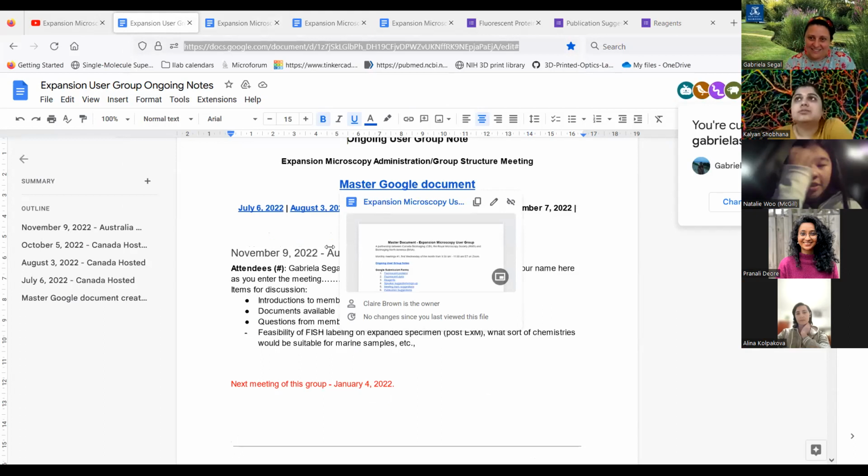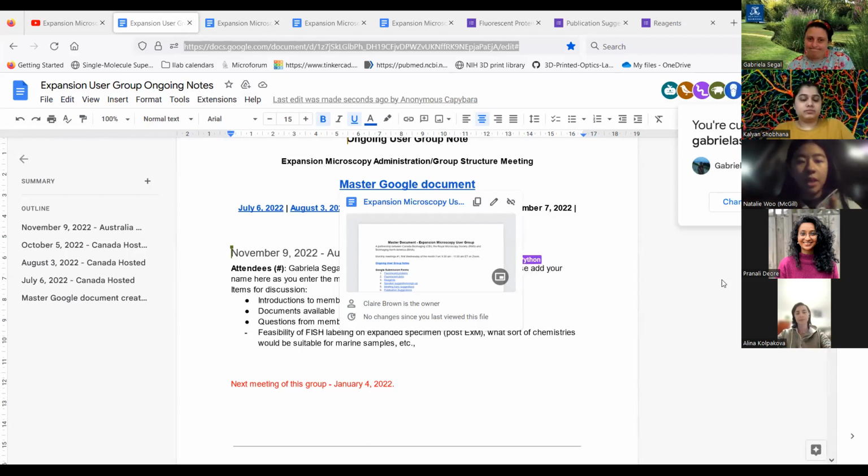So the document is sort of nested within the other document, like the master. So you can only see one. One of them is mainly for the notes, and then the master Google Doc is where you can access all of the forms and eventually the spreadsheets of people who have filled in the form.